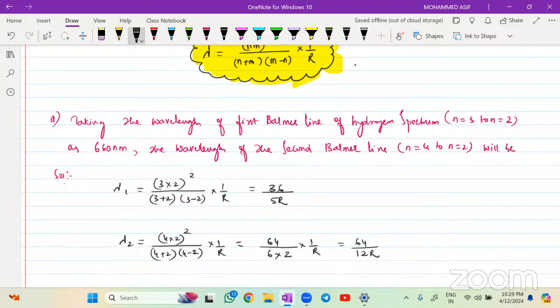Am I clear, madam? So this value will come from here as 16 divided by 3R.